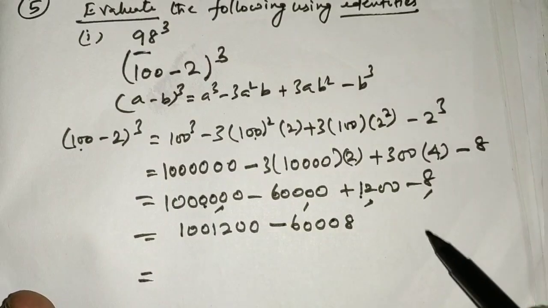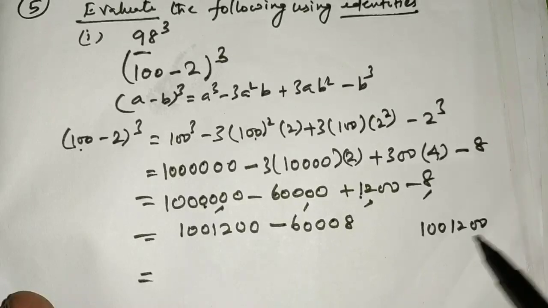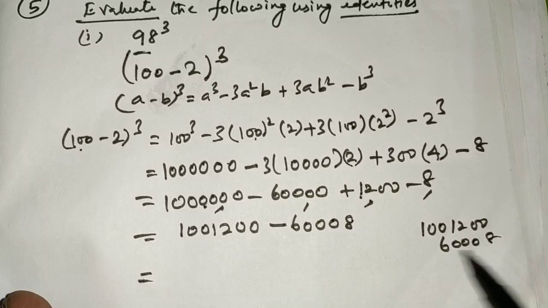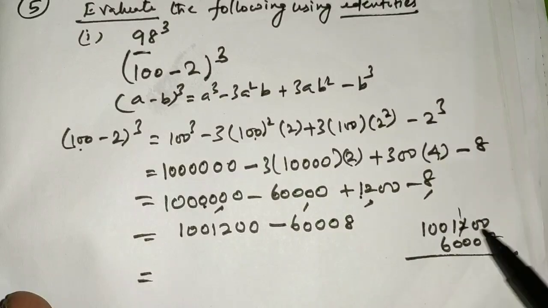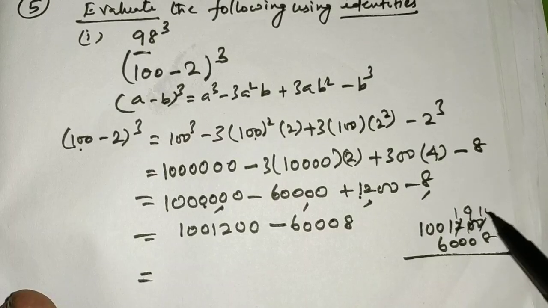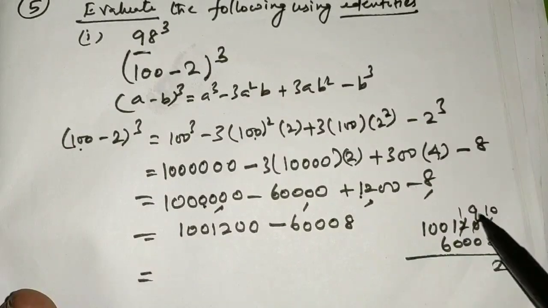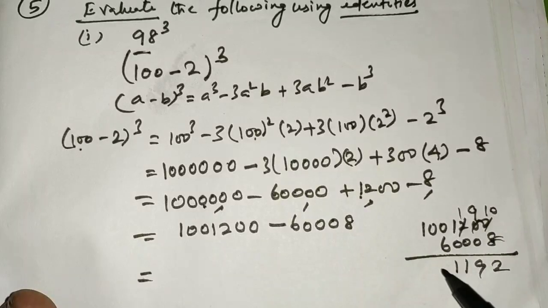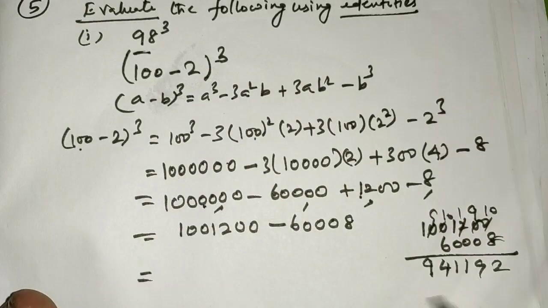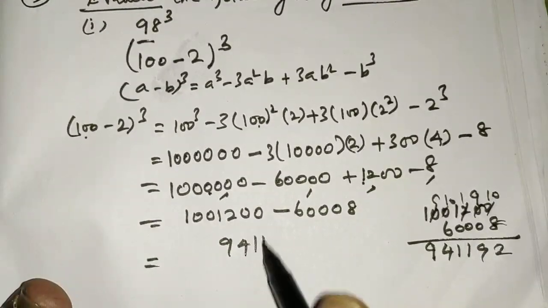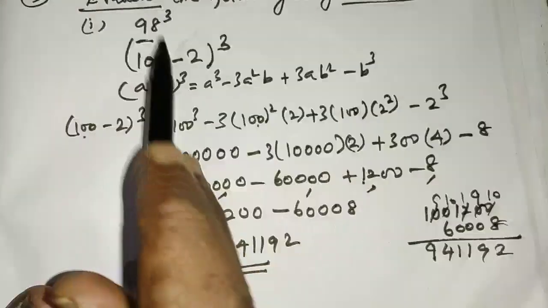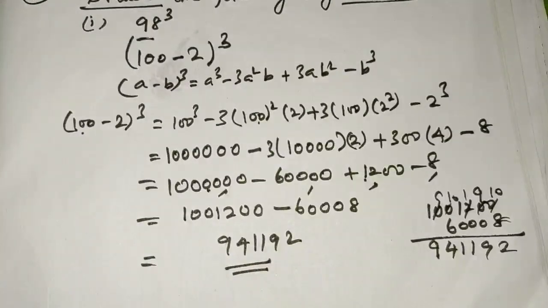Then you have to subtract these two, 1001200 subtracted by 60008. If you simplify this, you will get 10 minus 8 gives 2, 9, 1, 1, here 10, here 9, 9 and 4. So the answer is 941192. So this is the expansion of 98 cube using the identity.